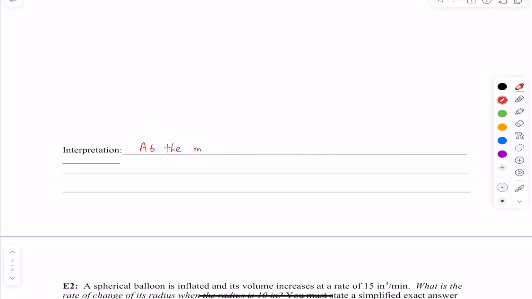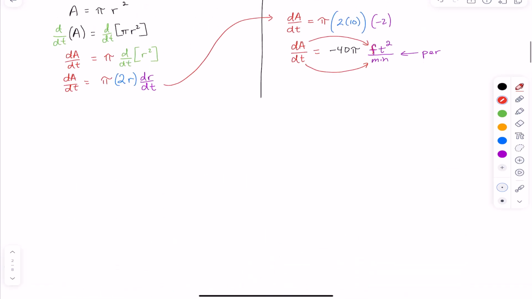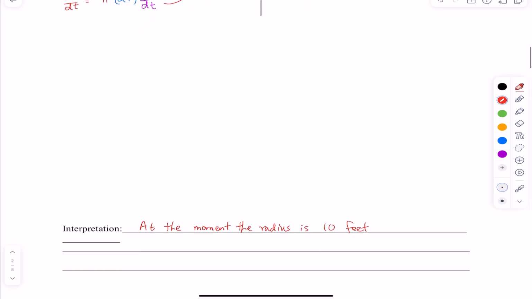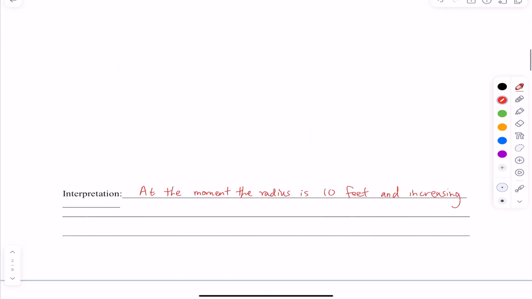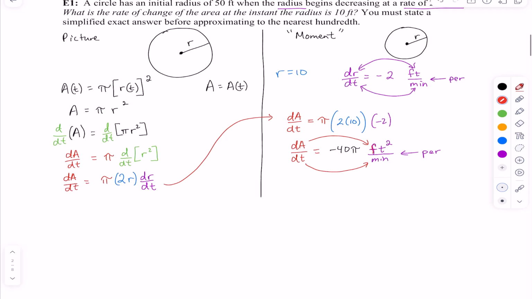At the moment, the radius is 10 feet and decreasing at 2 feet per minute.